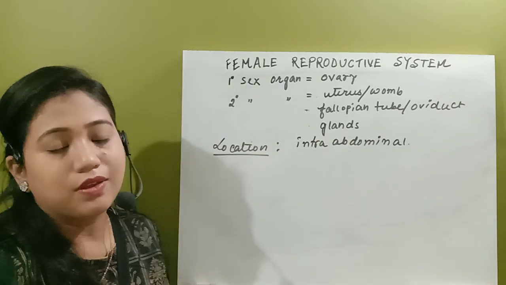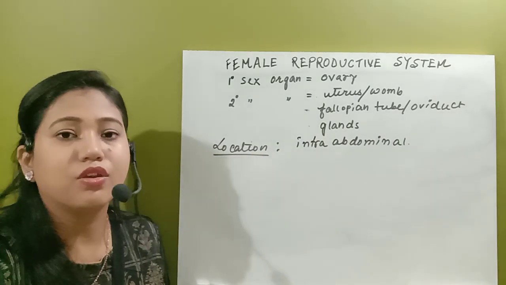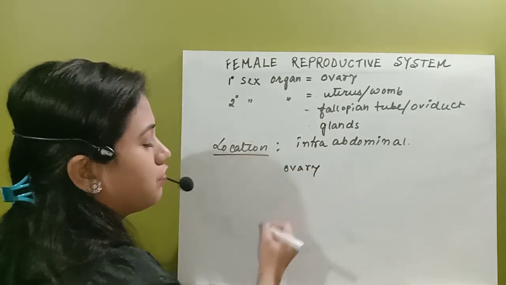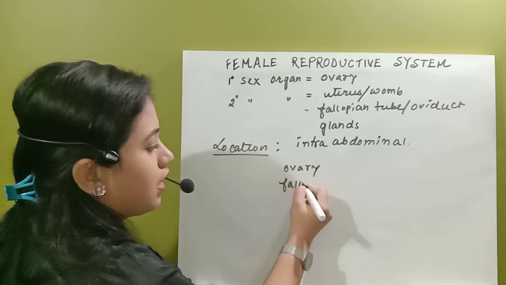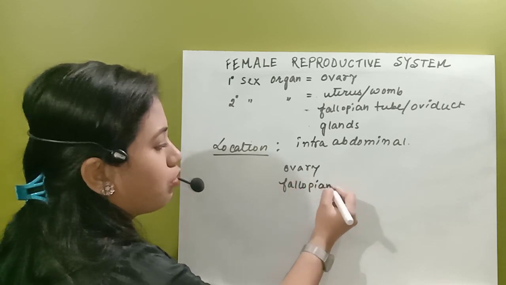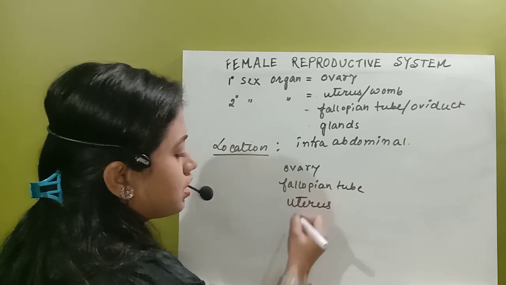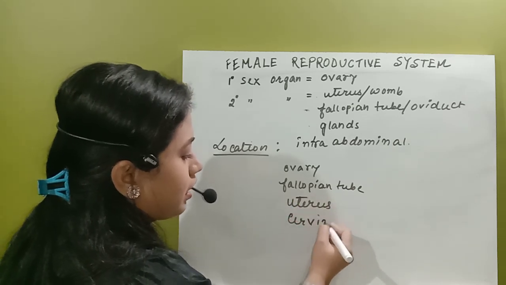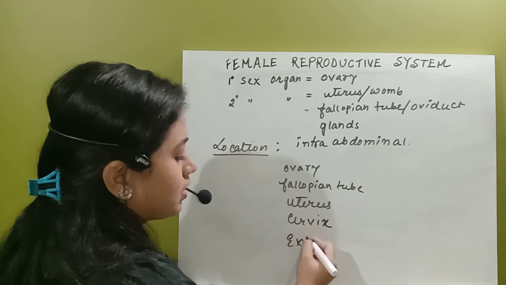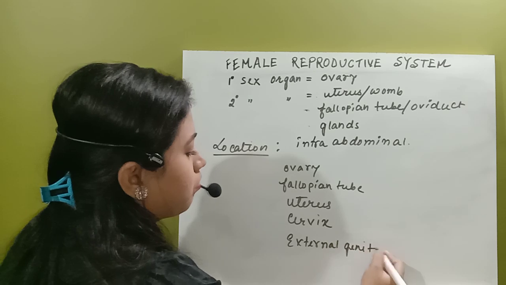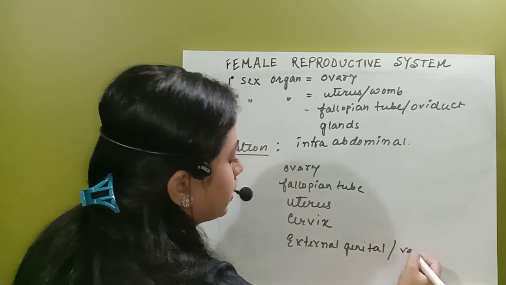So here in the female reproductive system, the different organs include a pair of ovary. Then after that we have once again a pair of fallopian tube. We have the uterus. Then after that the cervix. And the last structure is the external genital or vagina.